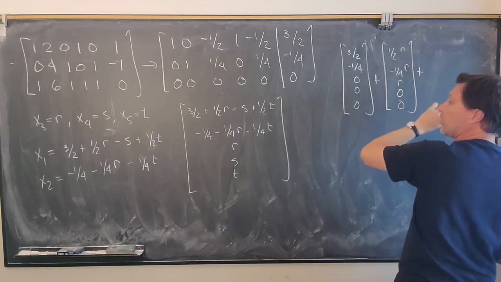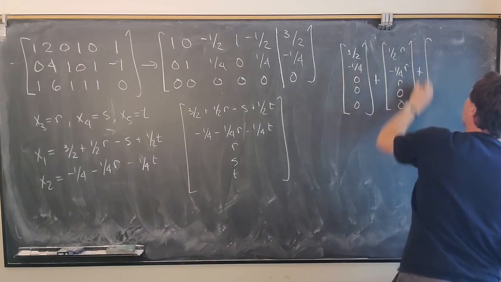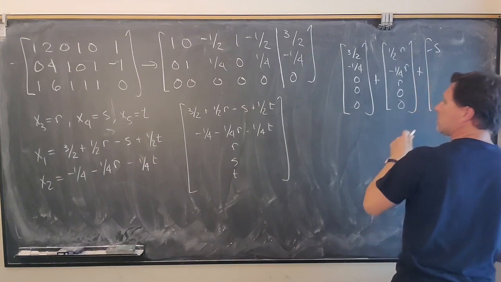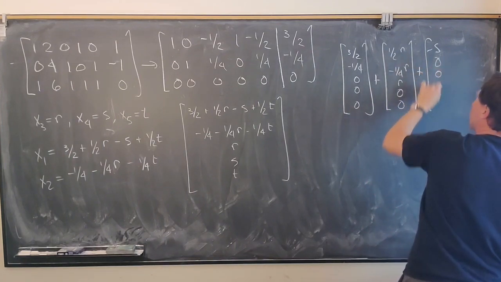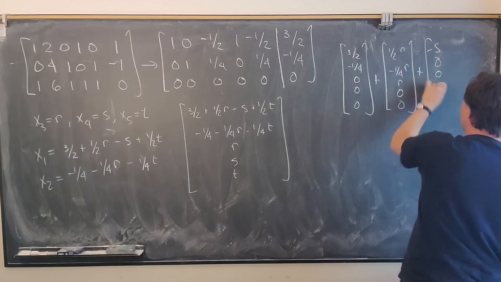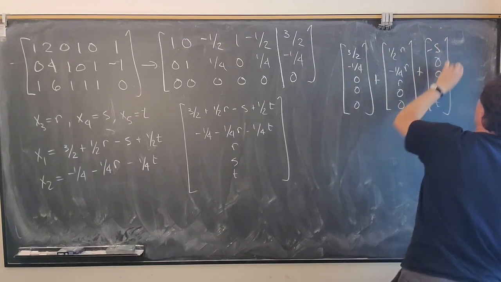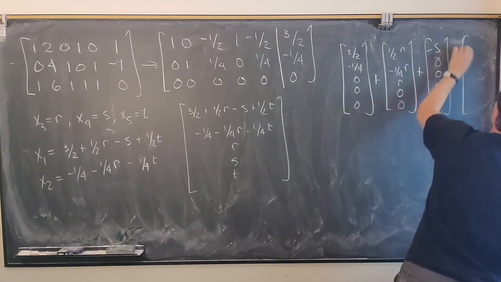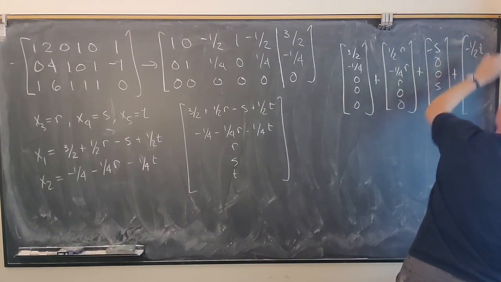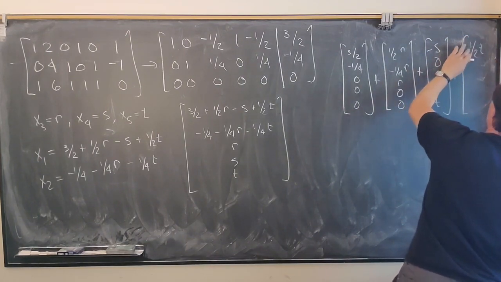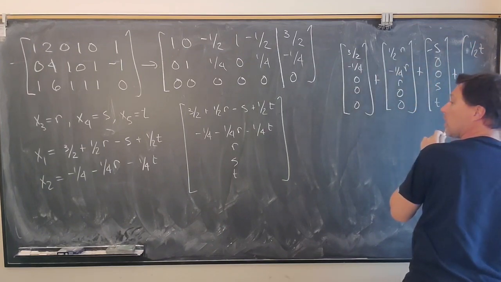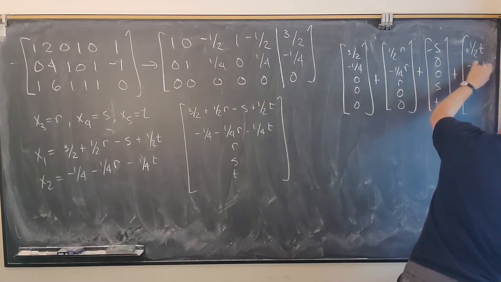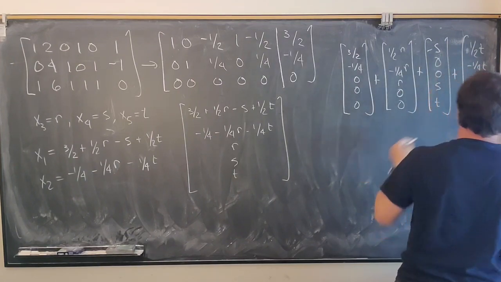Now the stuff that involves s is going to be minus s, 0, 0, s, 0. And then the last piece, 1/2 t. Oh sorry, that's a positive 1/2 t, minus 1/4 t, 0, 0, t.